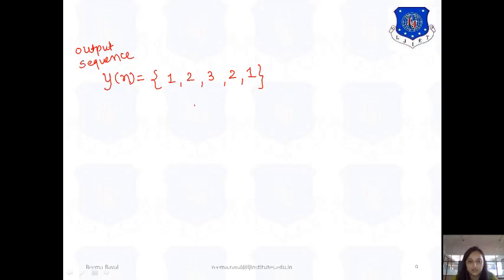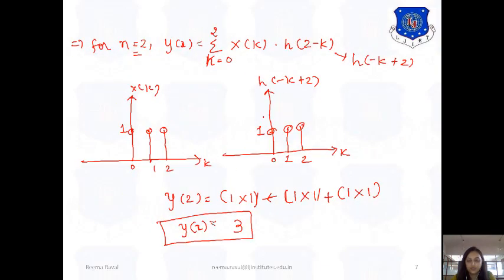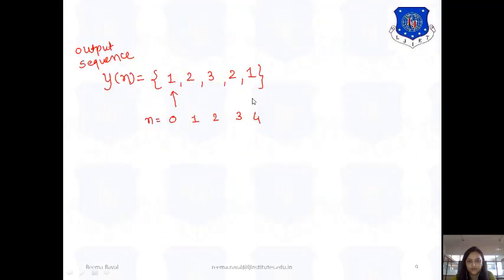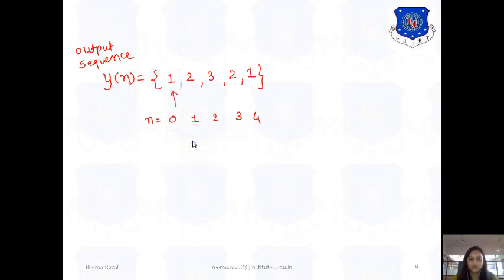Because this indicates instant 0, that means n equals to 0, then instants 1, 2, 3 and 4. So this is the answer of the output sequence using the graphical method, okay?